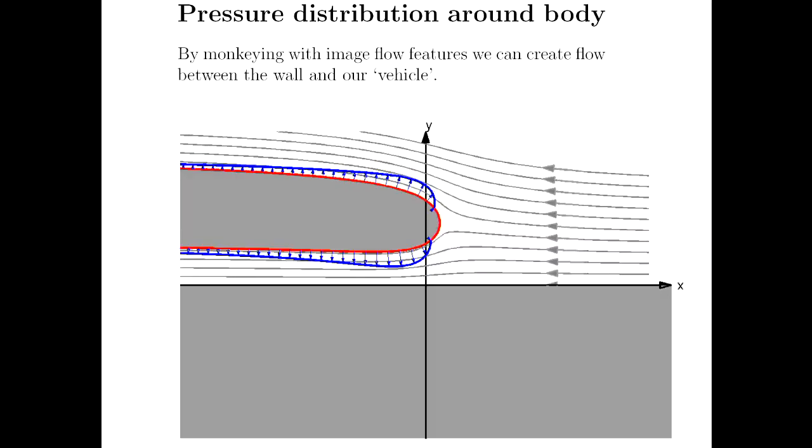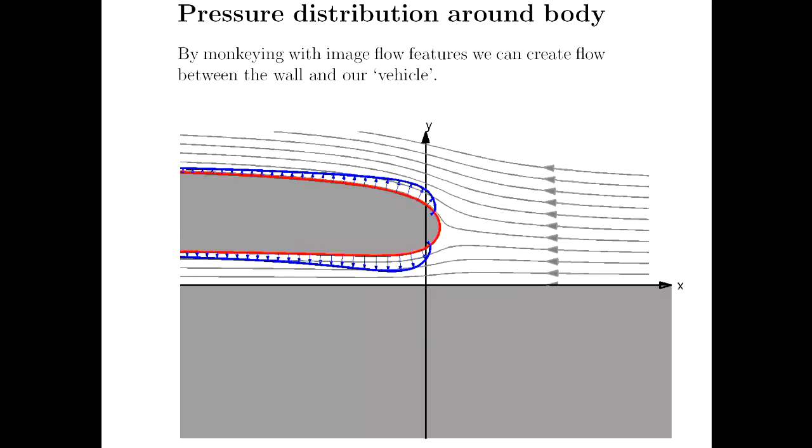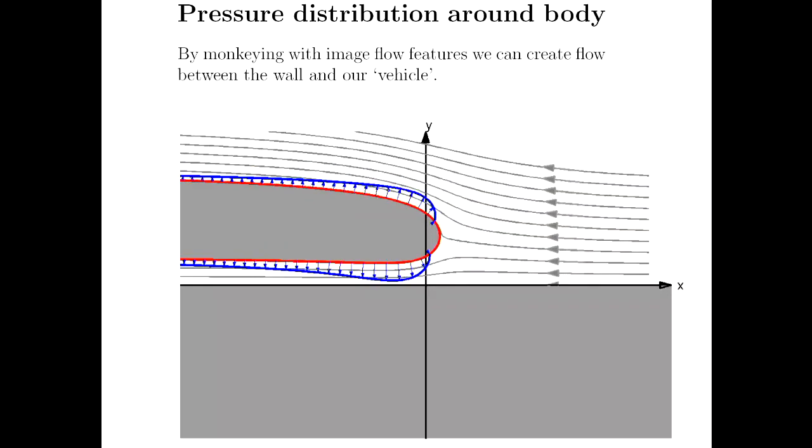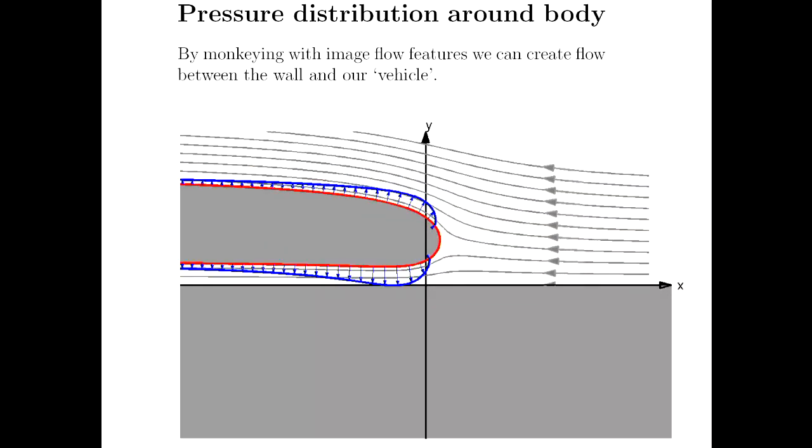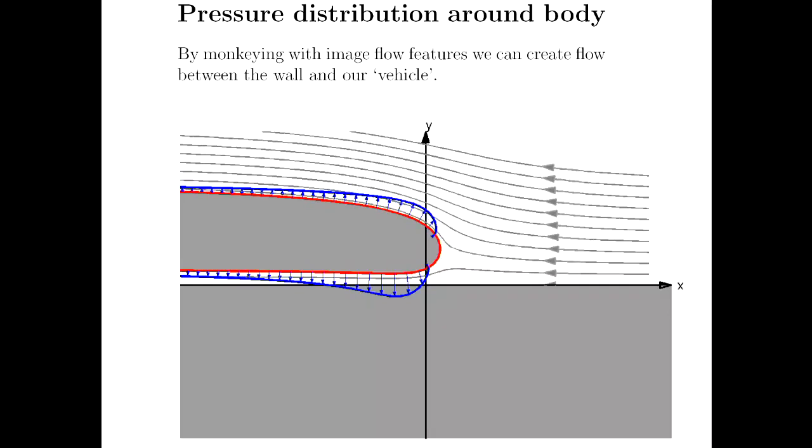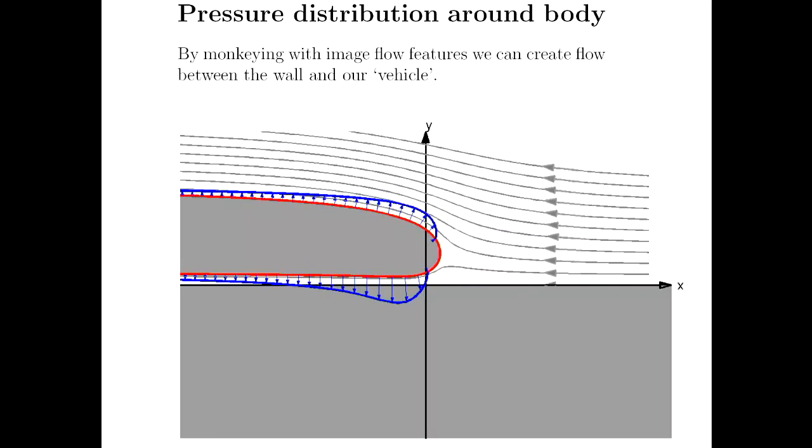So have a look at the pressure coefficient. What's happening to the pressure coefficient at the bottom of this vehicle? It's decreasing, right? Sorry, this is no more a half Rankine body, by the way.